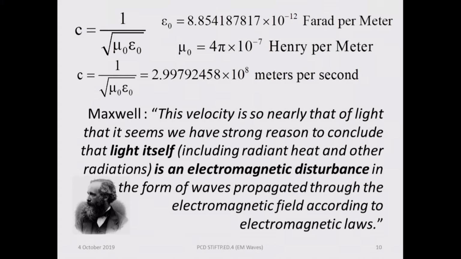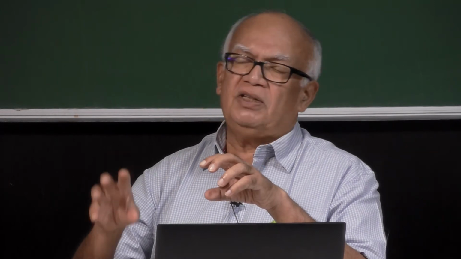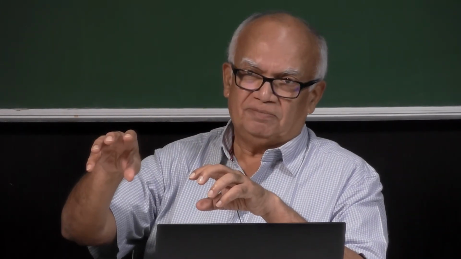But comparing it with the velocity of light as was known at the time, Maxwell said that this velocity is so nearly that of light that it seems we have a strong reason to conclude that light itself is an electromagnetic disturbance. So not only is the subject of electricity unified with the subject of magnetism, but it is also unified with the subject of optics and light.